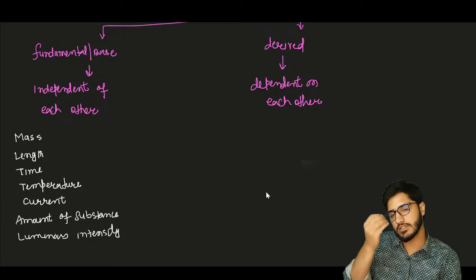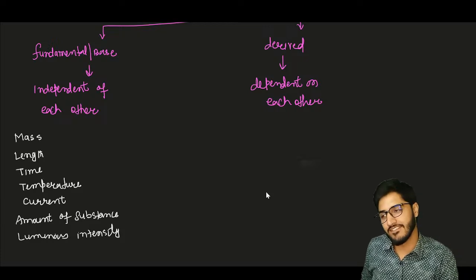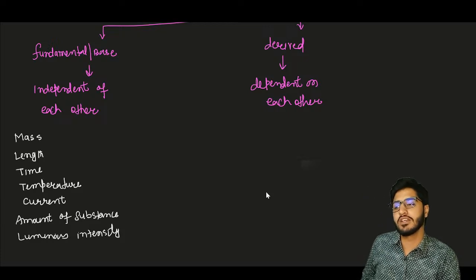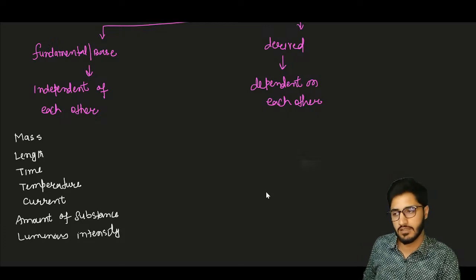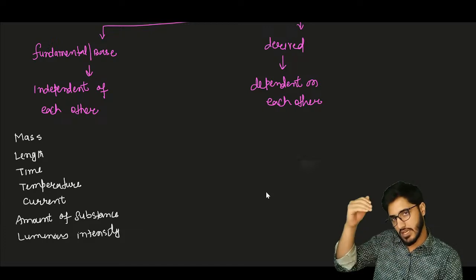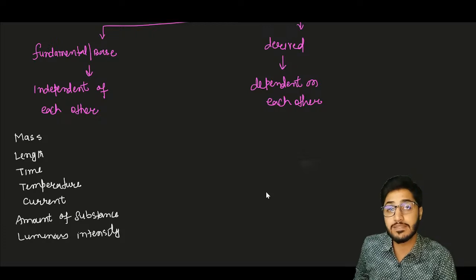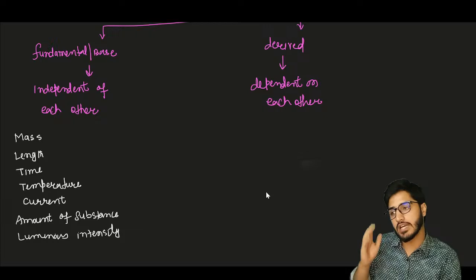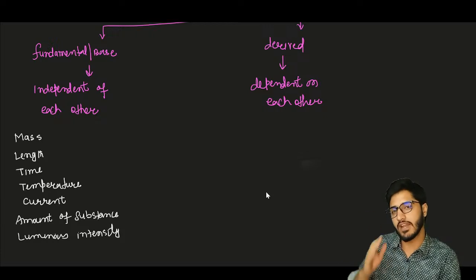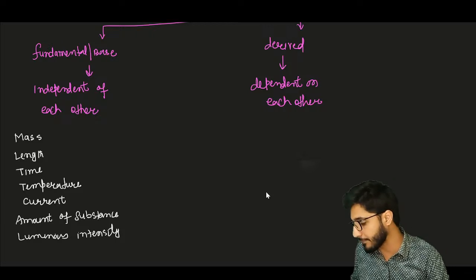So in mass there is 0% involvement of length. In the same way, in temperature, there is no involvement of length to define it. So these are those quantities which are sufficient for their meaning, which don't need the help of mass or length or one another to get their meaning. Those physical quantities are fundamental or base quantities.